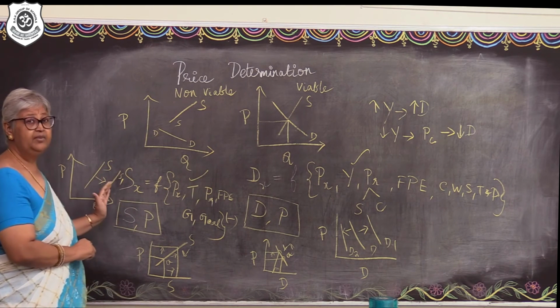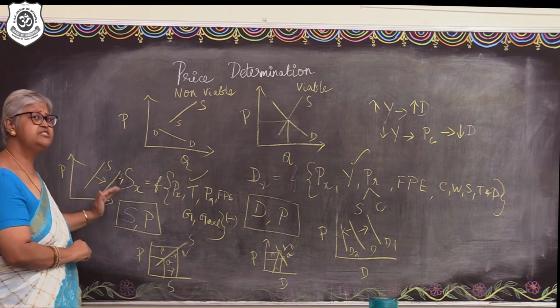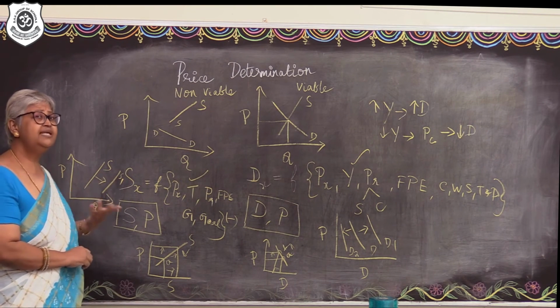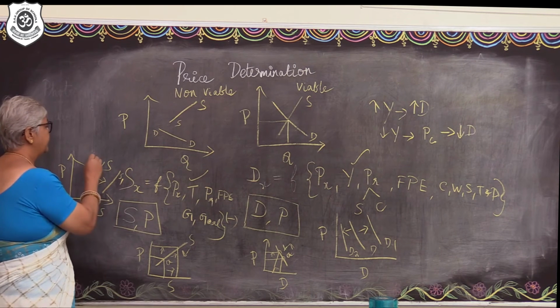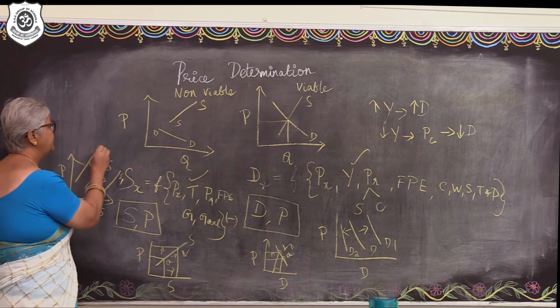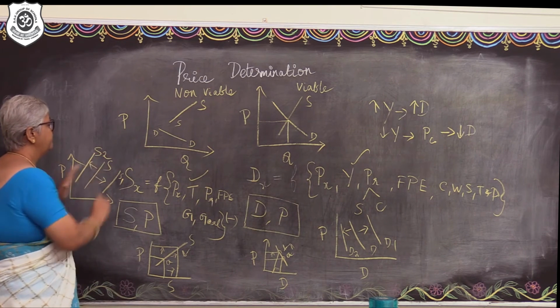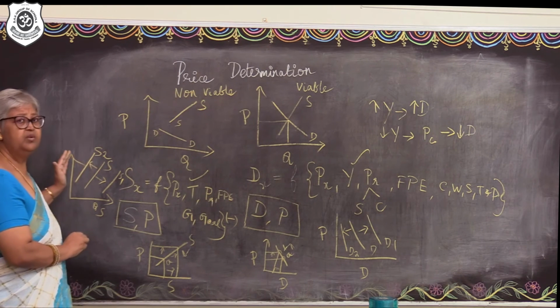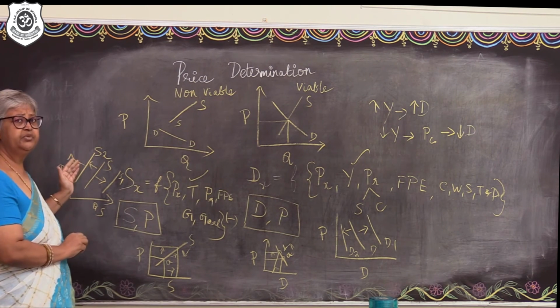So yeah, supply will increase. So it will shift from S to S1, right? Technology is going to become obsolete, outdated. So there is very much a chance that the supply is going to fall. So there would be a leftward shift noted. From S, the supply curve will shift to the left. S2 will become the new supply curve.